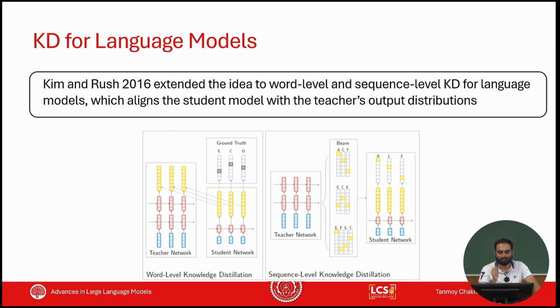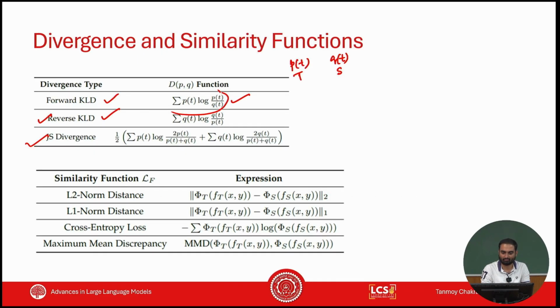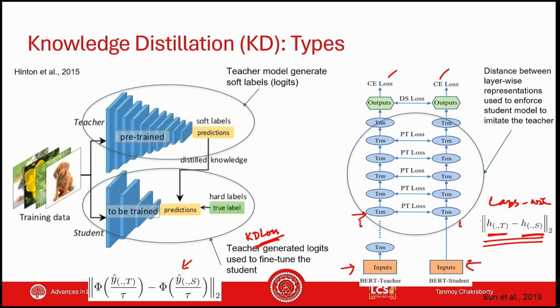Okay, so the first paper after Hinton's paper in 2015, the next paper came in 2016, and here the idea is simple. Now remember, I forgot one point. When you measure the logit difference here, you measure the logit difference with respect to the ground truth.